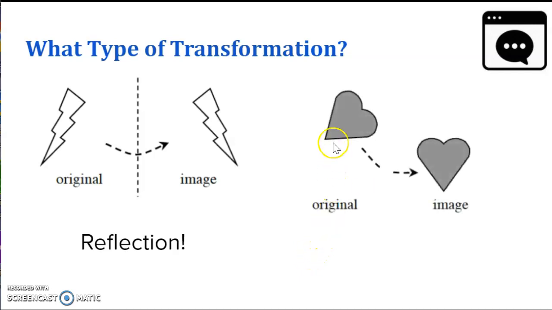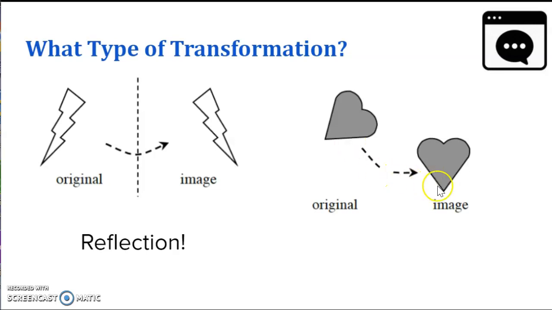What about this one? The heart on the left is the original, and the heart on the right is the image. What sort of transformation has caused the heart on the left to become the heart on the right? Well, this is a tricky one because this shape is symmetrical, so there are actually two different answers.